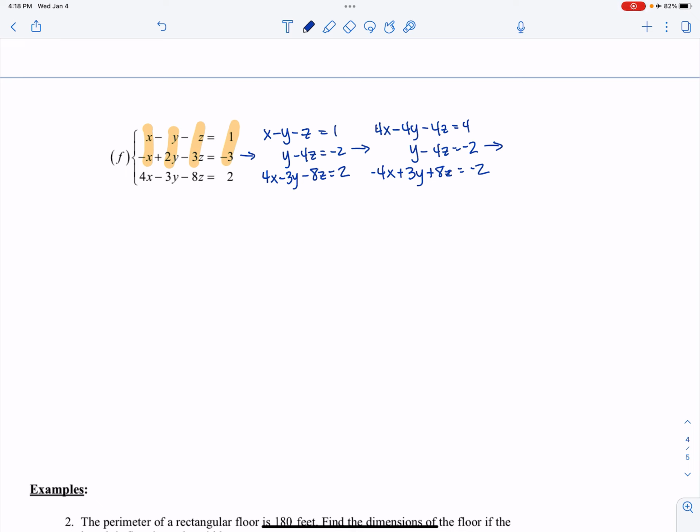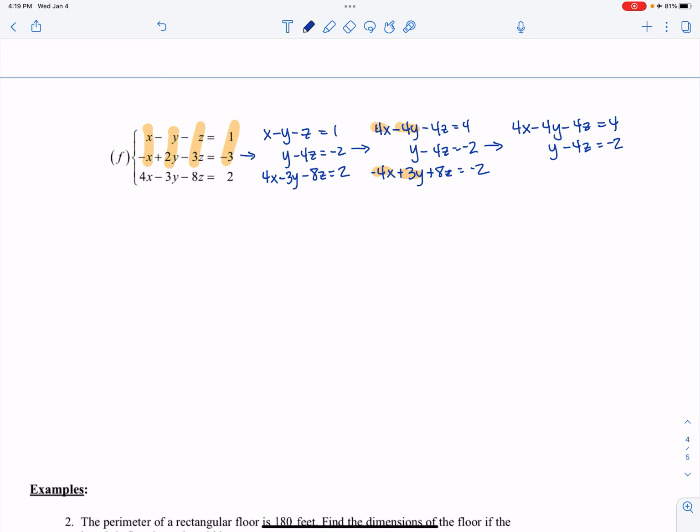Then we have 4 minus 4 is 0. Negative 4 plus 3. So the top will stay 4x minus 4y minus 4z equals 4. The middle will stay as well. y minus 4z equals negative 2.